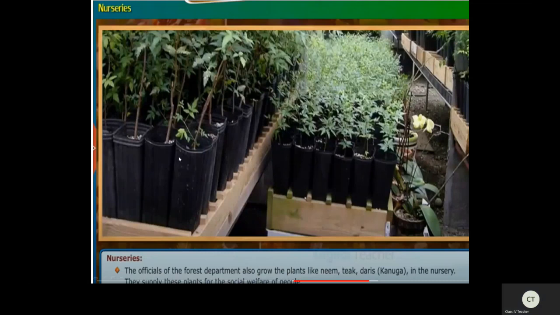So this is how plants are very important for every living being on the earth. So we should grow all these kinds of plants, right? Our government is taking a lot of care for growing different kinds of plants like neem, teak, and kanuga, that is daris, in the nurseries, and they are supplying them to the people, right?